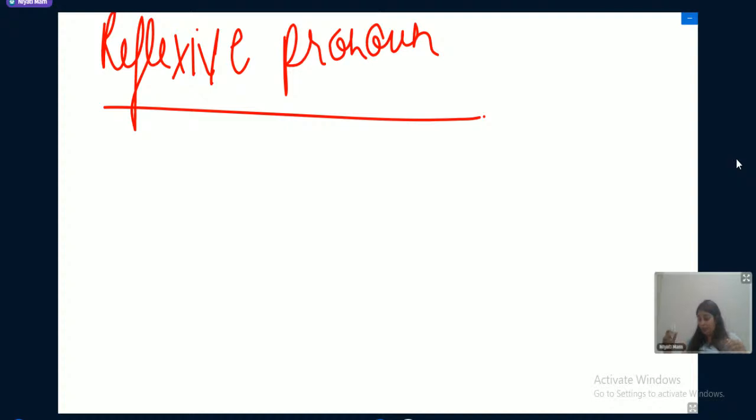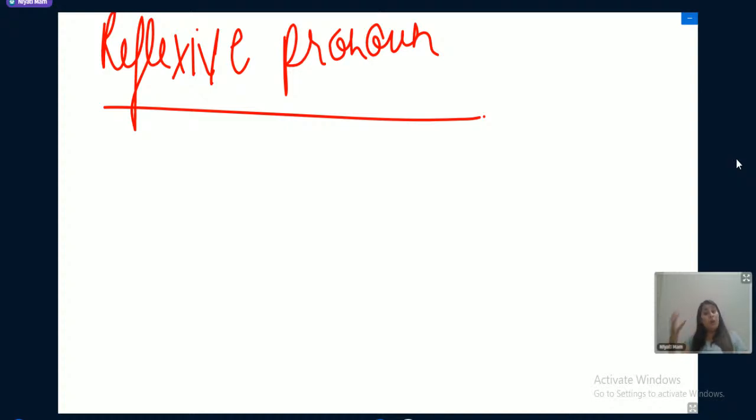When the subject and the object of a sentence are both the same person, then in that case, the object is called a reflexive pronoun.